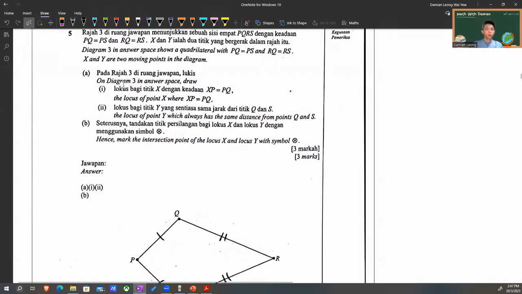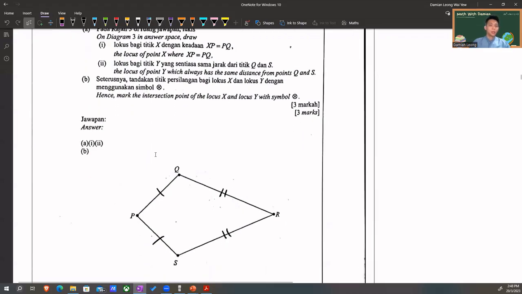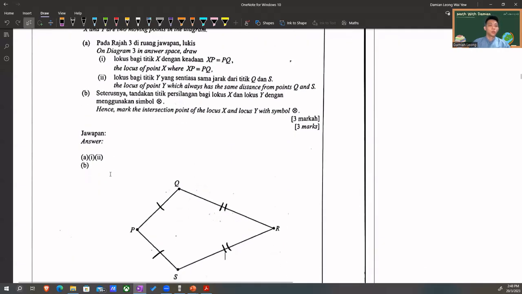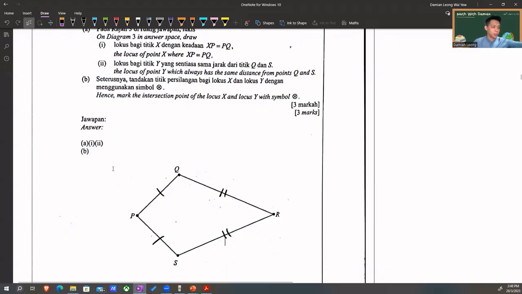So I want to draw the locus for X, whereby XP equals PQ. X to P and P to Q is the same length. So X is a moving point where it has the same length as PQ. So I have to use a compass for this.